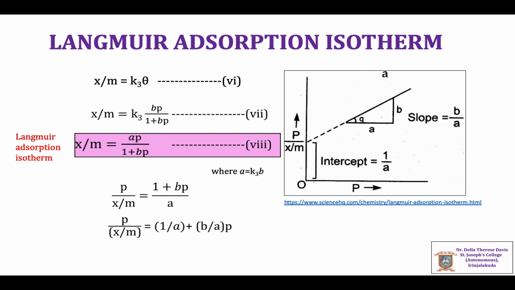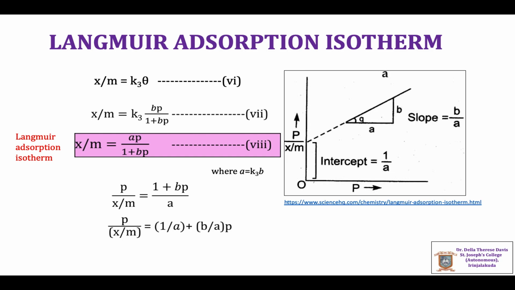Here P by x by m is y and pressure P is x. Thus on plotting P divided by x by m against pressure P, we get a straight line with slope B by A and y-intercept 1 by A. The plot is shown here.